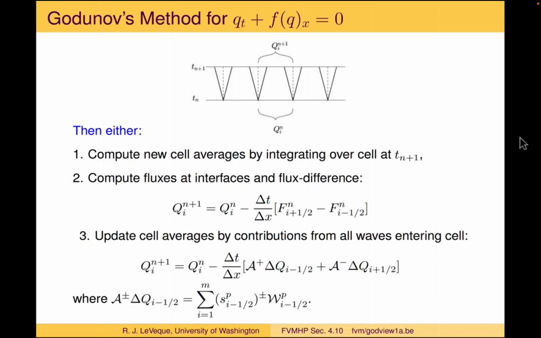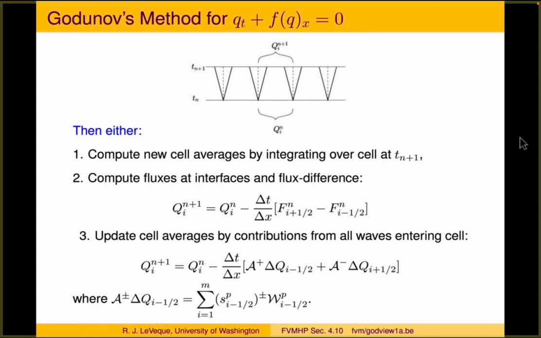But there's also a third way of looking at it, which is the way that I prefer to look at it and the way that's implemented in the Clawpack software. And that is to look at the Riemann problem as defining a set of waves that are propagating away from the interface, and each of those waves is entering one of the cells to the left or the right. And as it passes through the cell, it's changing the value of the cell average everywhere that it moves through the cell.